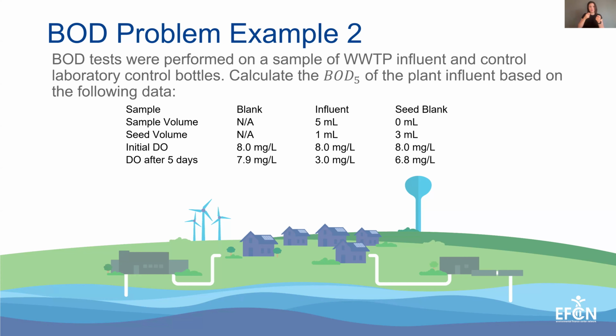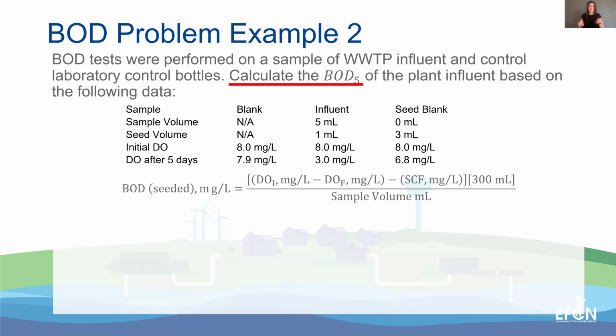Calculate the BOD5 of the plant influent based on the following data. Very similar to our unseeded practice problem, we take the same kind of formula, but because we see in our data set that it says seeded blank, we're going to utilize our BOD seeded equation.